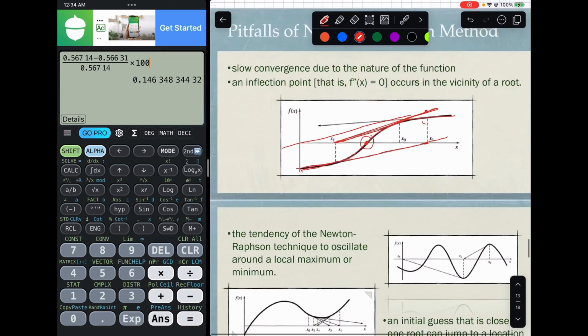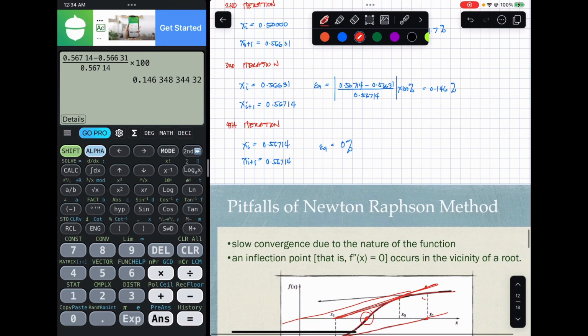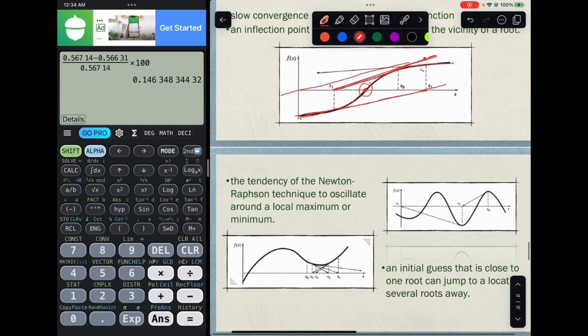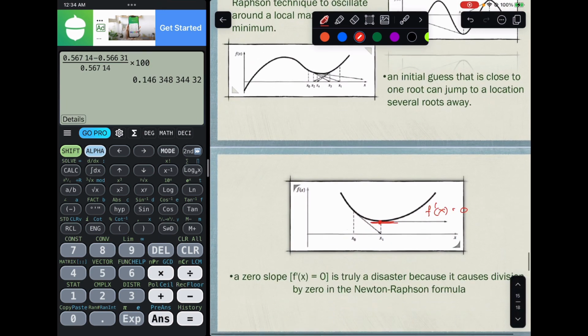So those are the pitfalls of the Newton-Raphson method: the possibility that it will diverge. But if it will not diverge, meaning it converges, it is faster as compared to the bisection method.